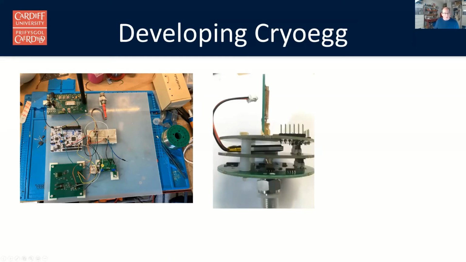So having gone from a prototype laid out on a board like that, I then took all the relevant components, designed them onto 3 circuit boards. So this is the resulting electronics. At the bottom here we have the sensor board, in the middle the processor, a battery there, and then the radio on the top.